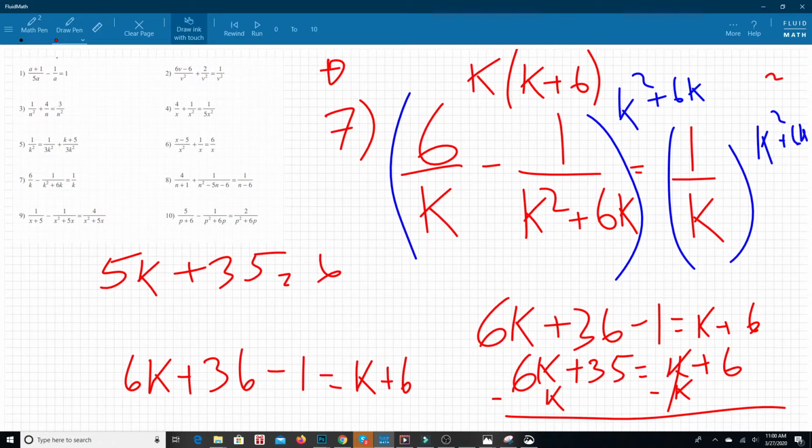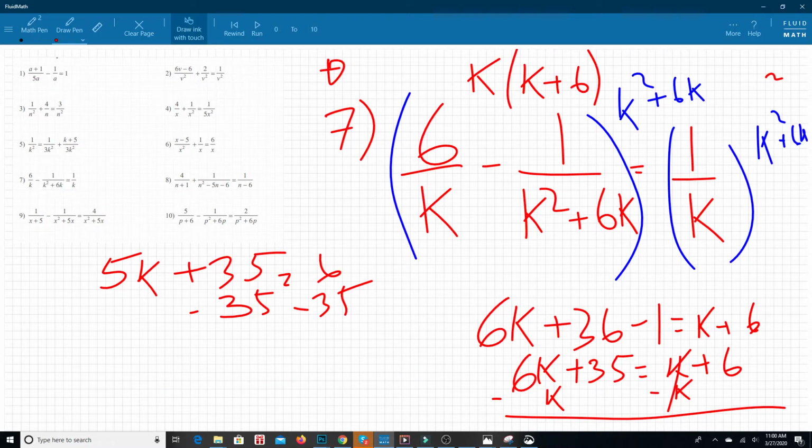Then I'm going to minus 35 on both sides, right? I'm left with 5k equaling negative 29. And then divided by 5, divided by 5, k is equal to negative 29 over 5.